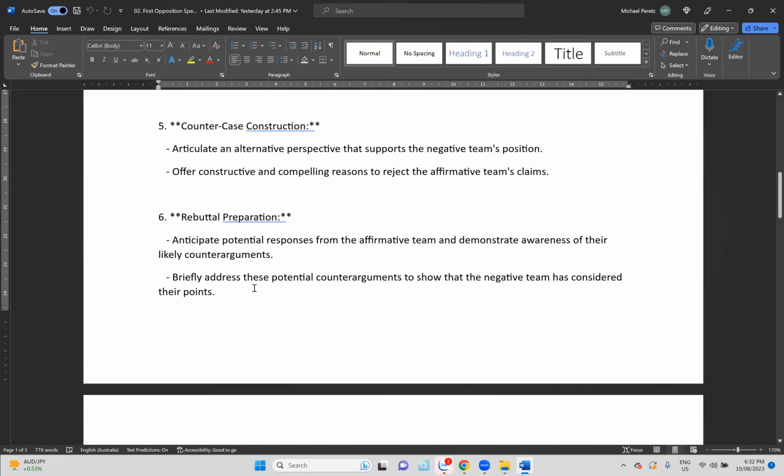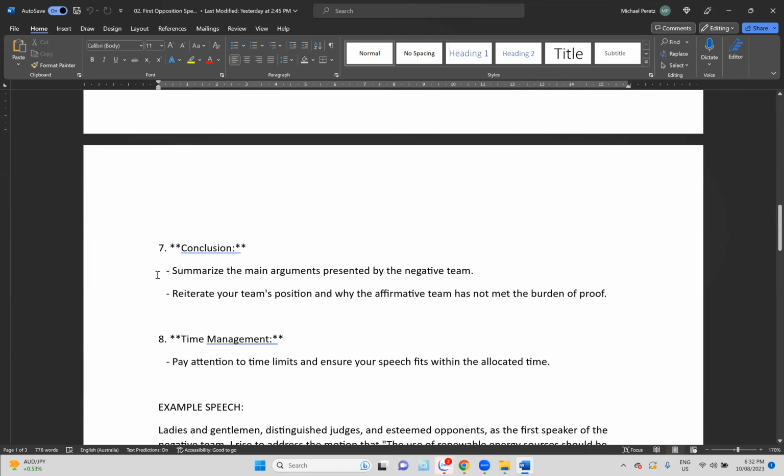So again, by showing that we've really thought about these issues well, that can make our case look a lot stronger, because we're saying, yeah, we have considered what they've said, but we think this reason's true, and we think that this reason cancels out what they've just said.